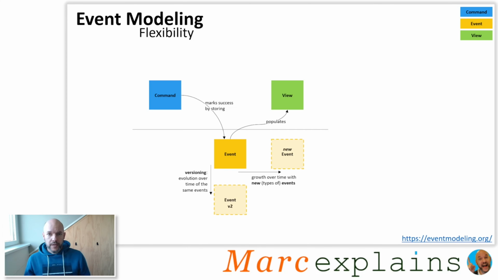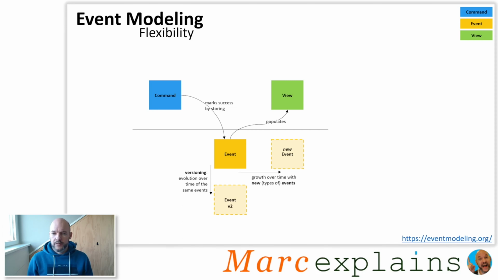Then at one point in time, when the new version of the application is deployed, new versions of the same events will be produced, including this extra attribute. The previously produced events won't have this attribute and won't be changed. So you need to upcast them and handle that in a correct way. But at least for the maintainability of your system, it's very well possible to maintain events and increase your application with new functionality.